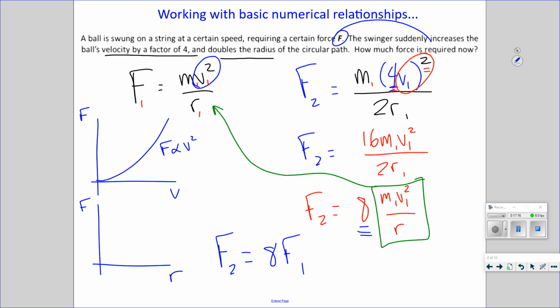R is an inverse, so as one gets bigger, the other gets smaller by the same factor. If r gets twice as big, F gets twice as small. If r gets 1/3 as big, F gets 3 times as big. And this question combines two of those scenarios into one.